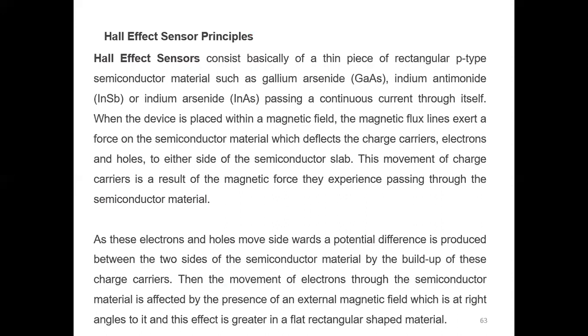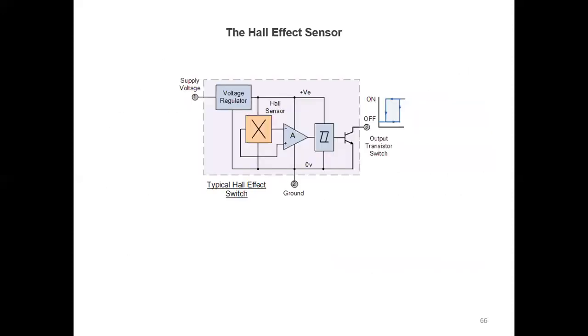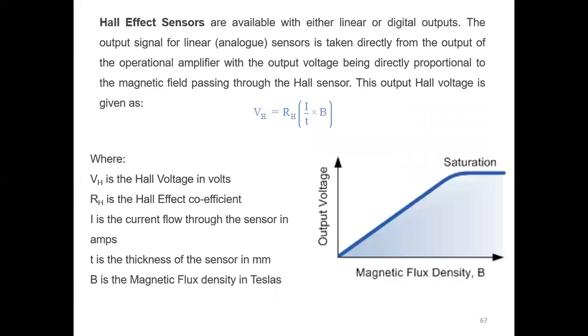This movement of charge carriers is a result of the magnetic force they experience passing through the semiconductor material. This is a Hall effect sensor model. The magnetic flux varies with the output voltage.